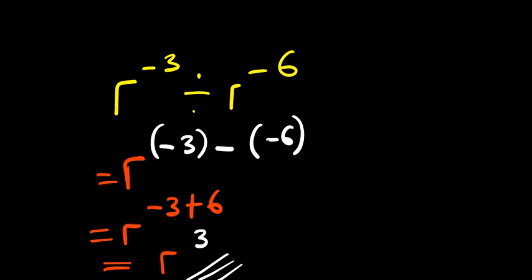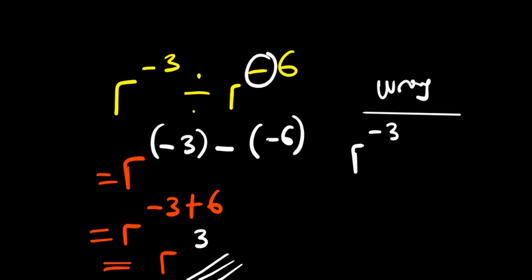Then the wrong way to solve this one, mostly students are going to say r minus 3, because they've seen that there's already a minus here, they're just going to write minus 6. That is the wrong way, because every time you have the same sign, it means you are adding those numbers and you're going to keep the sign.